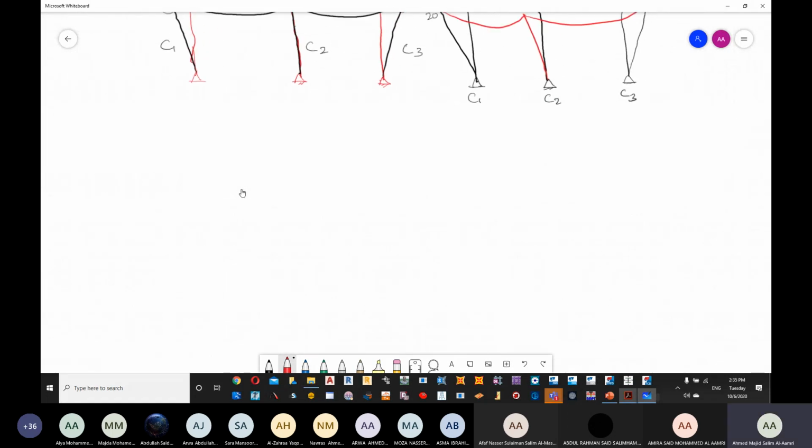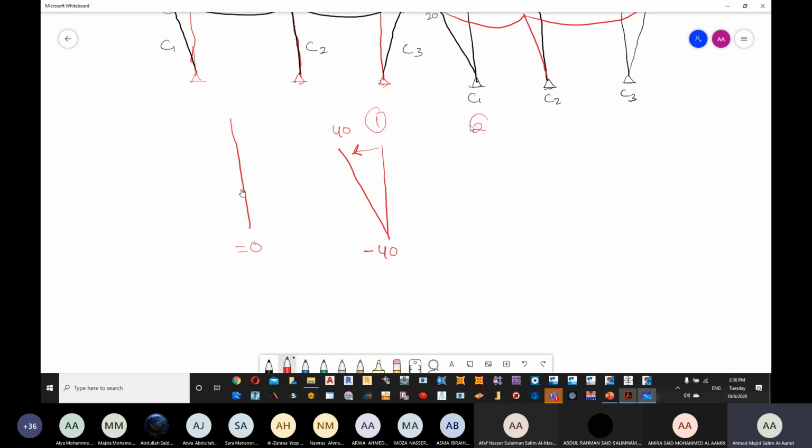This is my initial column. It has 0 movement. Scenario number 1, this column has moved by a value of 40 to the left side. So it's now minus 40.